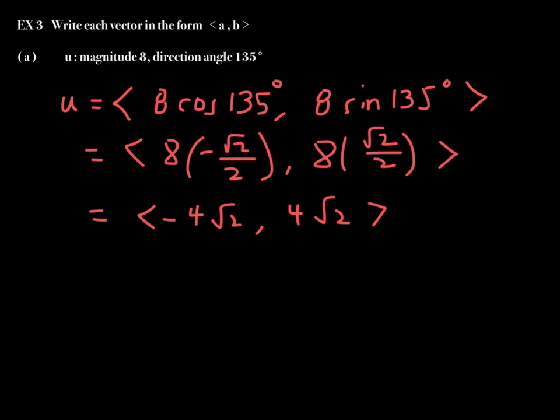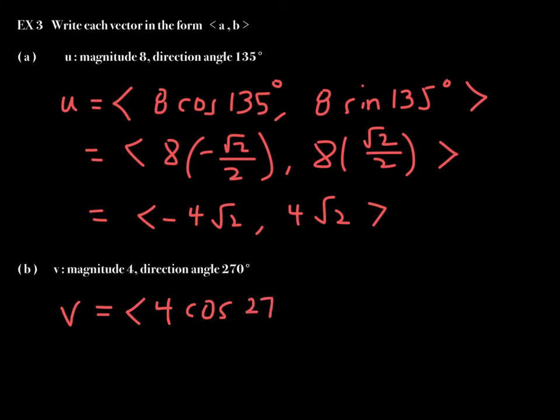Let's go for another. Check out this next one. Vector v has magnitude 4 and direction angle 270 degrees. All right, so let's do it together. So vector v will have this notation. The first component will be the horizontal component, which will be the product of the magnitude and cosine of your direction angle.